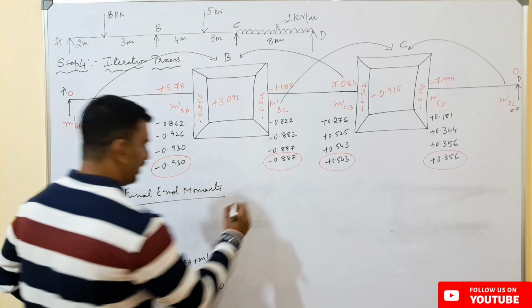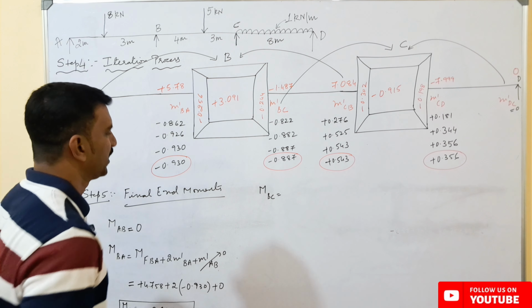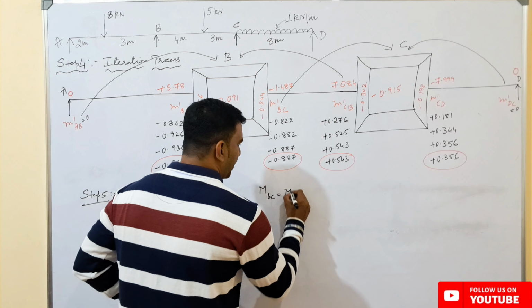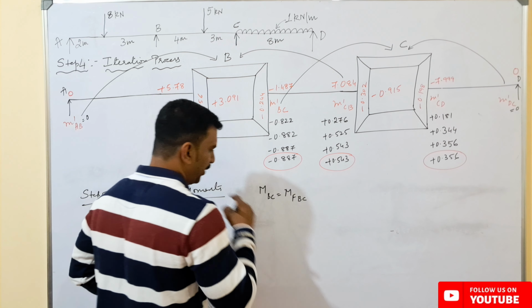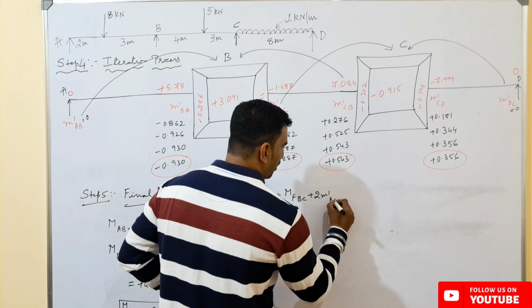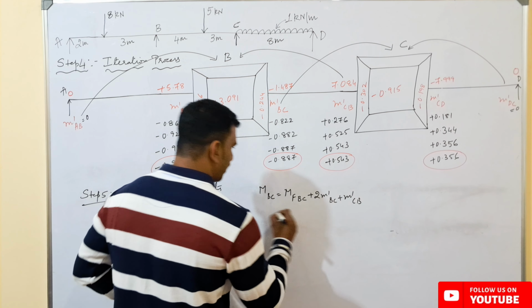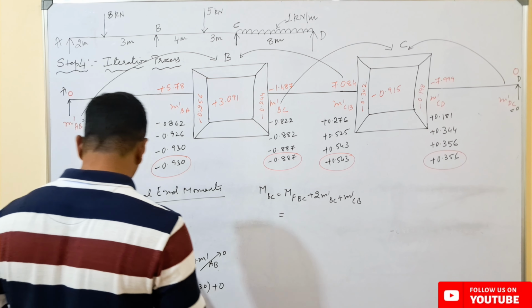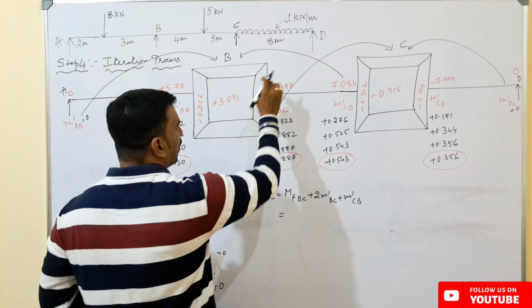Now we have to calculate the final end moment for B to C. So fixed end moment from B to C plus 2 times the rotation contribution about the near end plus rotation contribution about the far end. So the fixed end moment from B to C, if you see here, we are having a value of how much?